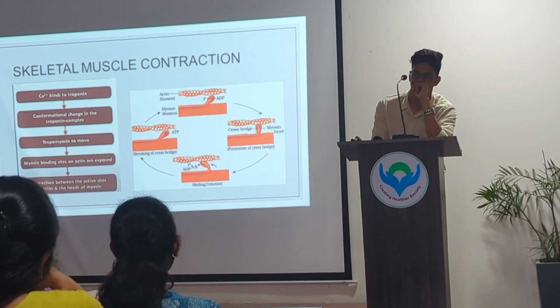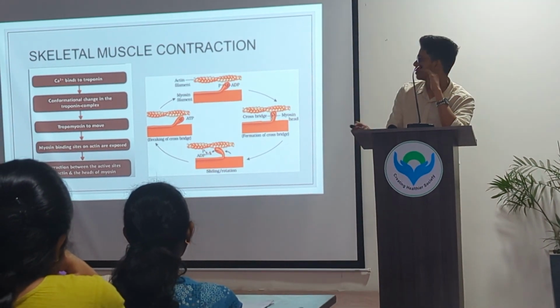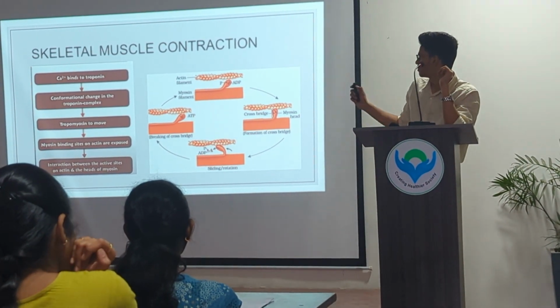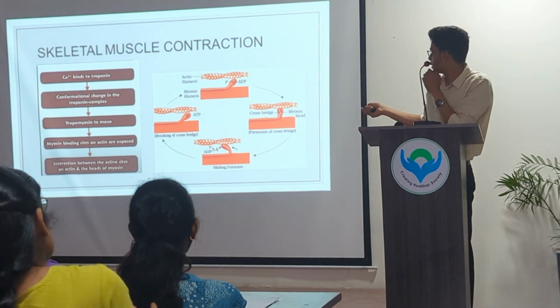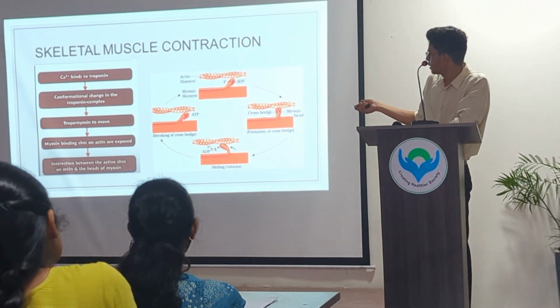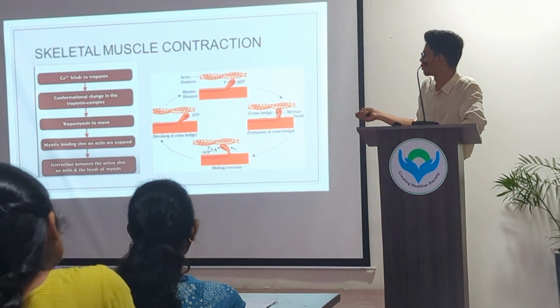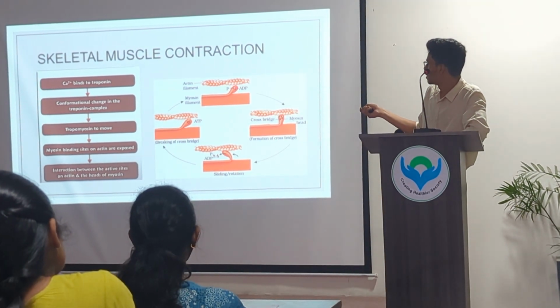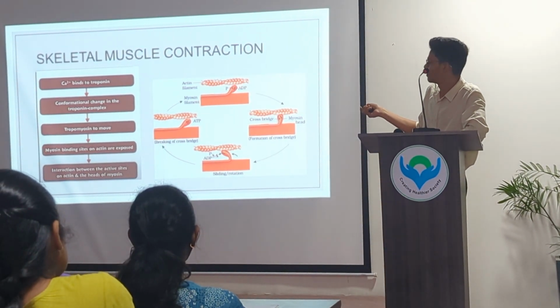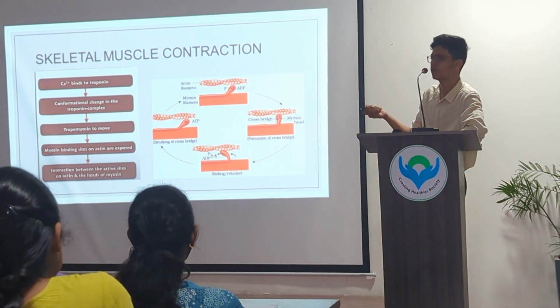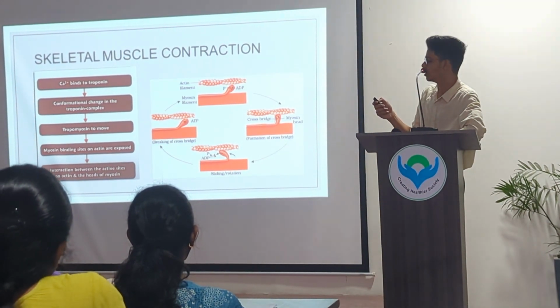We do not have sarcoplasmic reticulum in smooth muscles. So the calcium ions flow through gap junctions, and then they unmask the binding site for the cross arm, and the myosin filament binds with the actin filaments, and the actin filaments slide over the myosin filaments, causing the contraction.